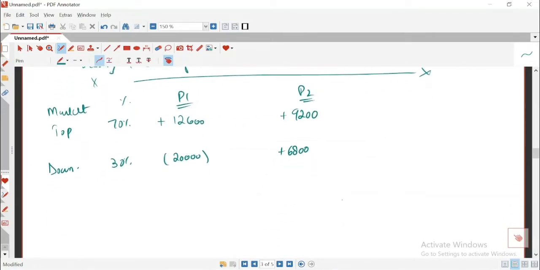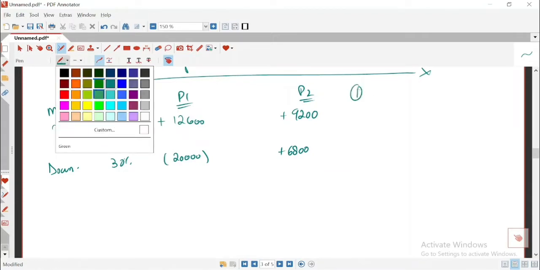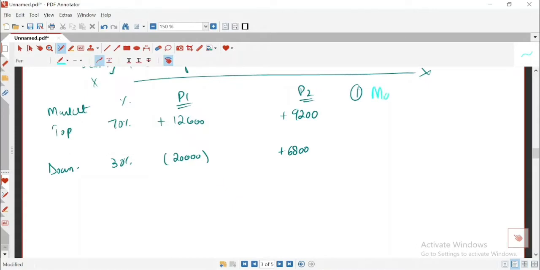अच्छा, अब सबसे पहले हम डिसीजन लेंगे using the Maximax rule. मैक्सीमैक्स रूल ने क्या कहा था कि बेस्ट आउटकम उठा लो और बेस्ट में से बेस्ट सिलेक्ट करो, राइट. सो प्रोजेक्ट 1 का बेस्ट आउटकम क्या है हमारे पास? प्रोजेक्ट 1 अगर हम चूज करें तो आइदर वी विल हैव अ प्रॉफिट ऑफ 12,600 और अ लॉस ऑफ 20,000. सो द बेस्ट इज 12,600 का प्रॉफिट. ठीक है. अब प्रोजेक्ट 2 उठाए तो वी विल गेट द बेस्ट आउटकम ऑफ 9,200 एंड द वर्स्ट आउटकम ऑफ 6,800. सो प्रोजेक्ट 2 का हमने बेस्ट ले लिया 9,200. अब ये जो दो बेस्ट हैं इनमें से भी बेस्ट देखेंगे. सो the 12,600 is the best one.